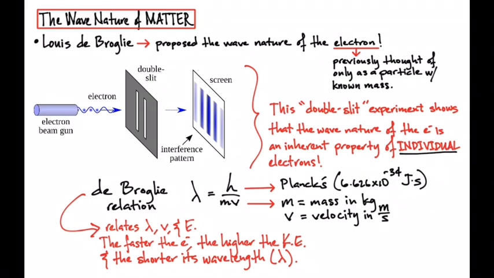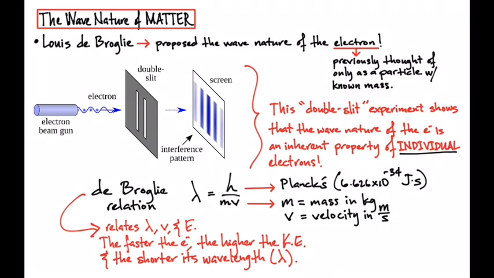The de Broglie relation relates wavelength, velocity, and energy of the electron, because lambda, the wavelength, is related to energy and frequency. The faster the electron, because the velocity is in the denominator, the higher the value of the velocity, the smaller the wavelength.